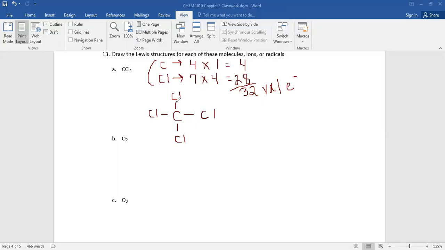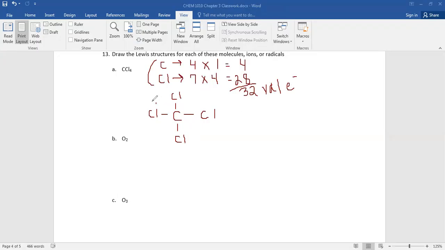So far I've put in 2, 4, 6, 8 of the required 32 electrons. So I need to put in all 32.